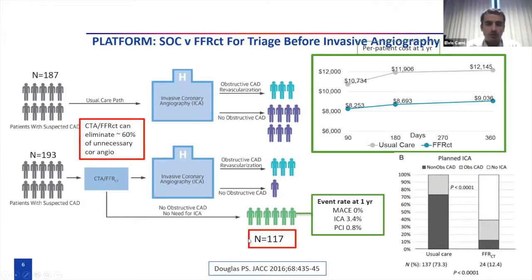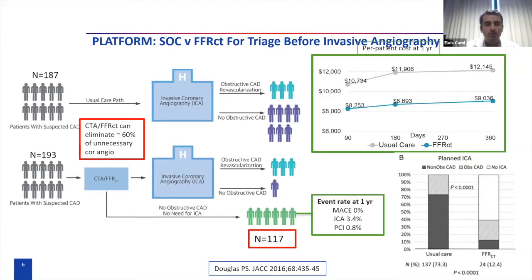A couple of years ago, there was a trial done from Duke, called the PLATFORM trial, and they randomized about 190 patients in each arm. These were patients that had already been selected to go to the cath lab based on clinical information and other stress testing. So these 390 patients were going to go to the cath lab.